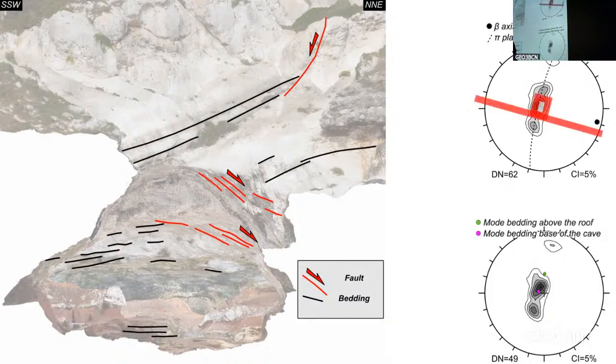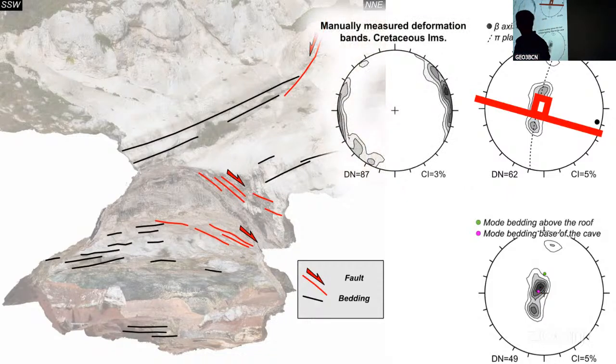So we are essentially proposing that the cave is developed along an embryonic anticline, which is in the footwall of a low displacement sedimentary normal fault. And that is quite in agreement with the fact that we have deformation bands, so structures developed during the early stage of lithification, that are parallel to this trend.